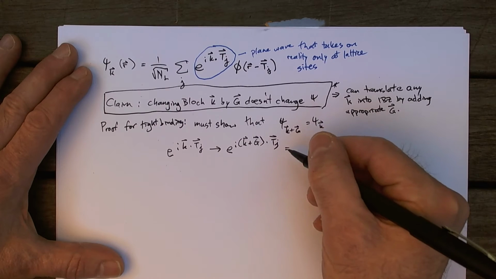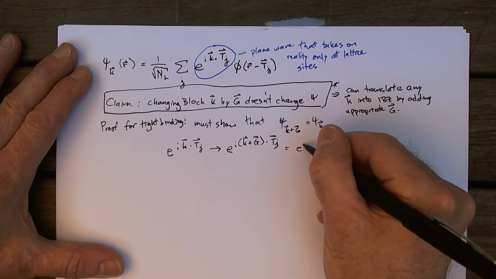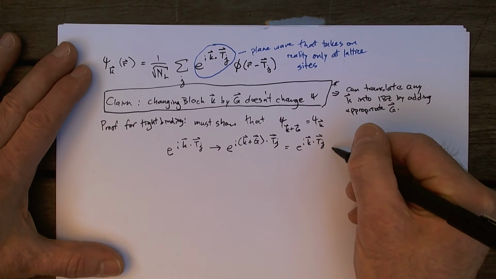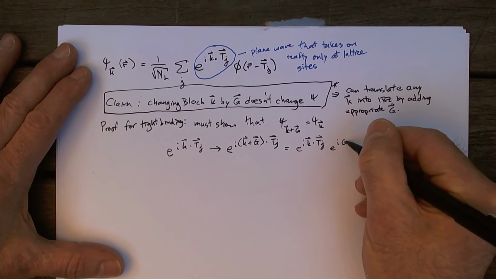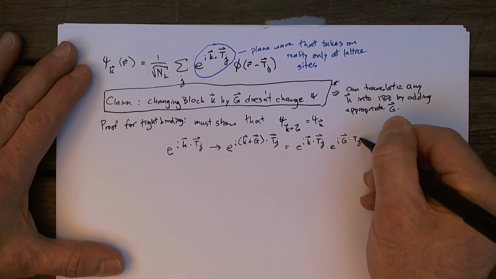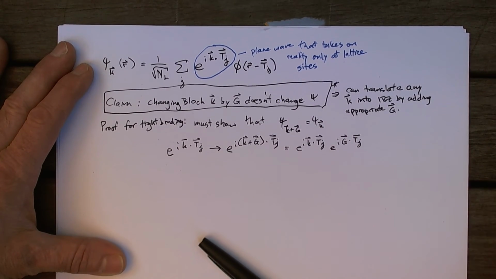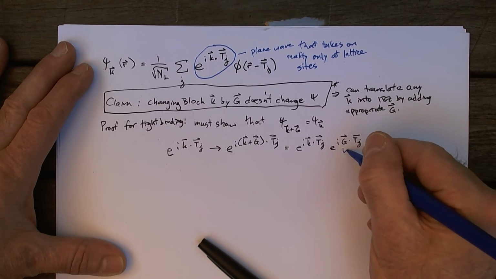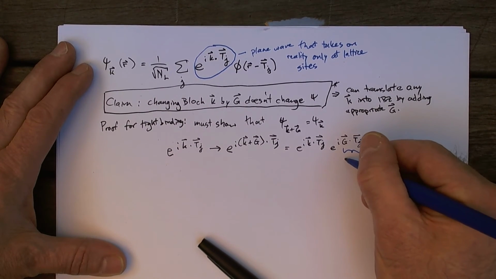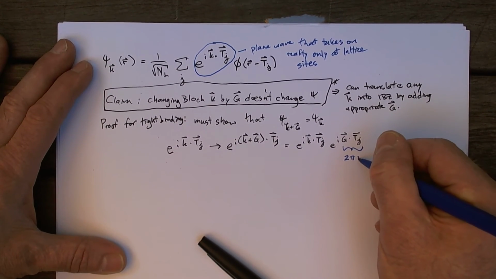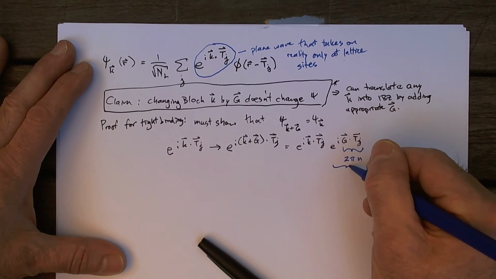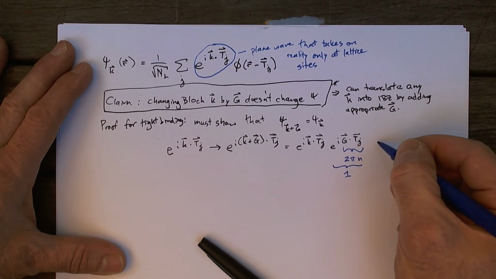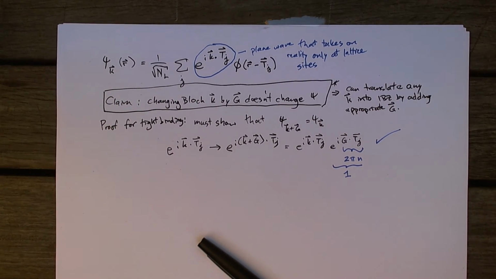And we can just factor out the e to the i k dot T_j times e to the i G dot T_j. And we know from the definition of the reciprocal lattice that G dot T_j is going to be just 2 pi times some integer. So e to the i, 2 pi times an integer is just 1. And so that completes our proof.